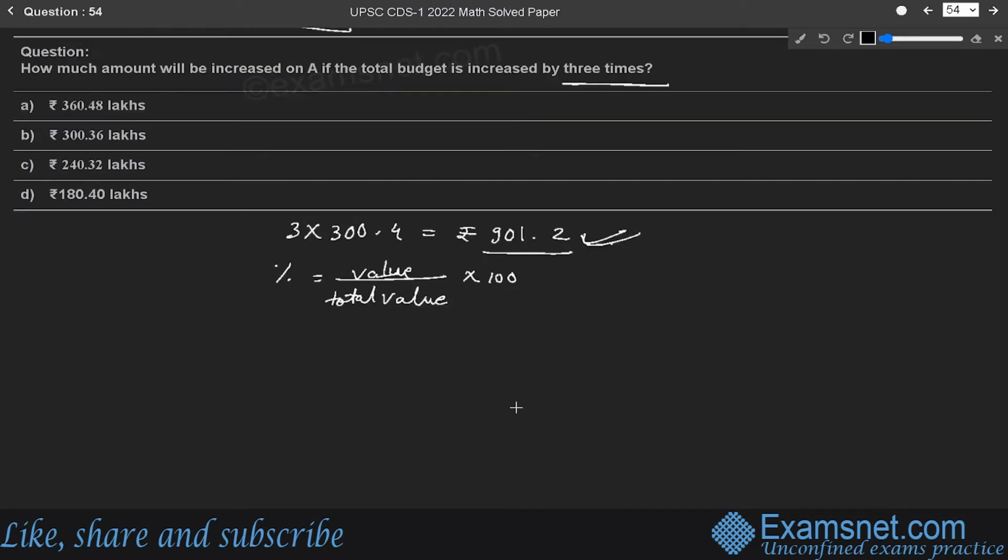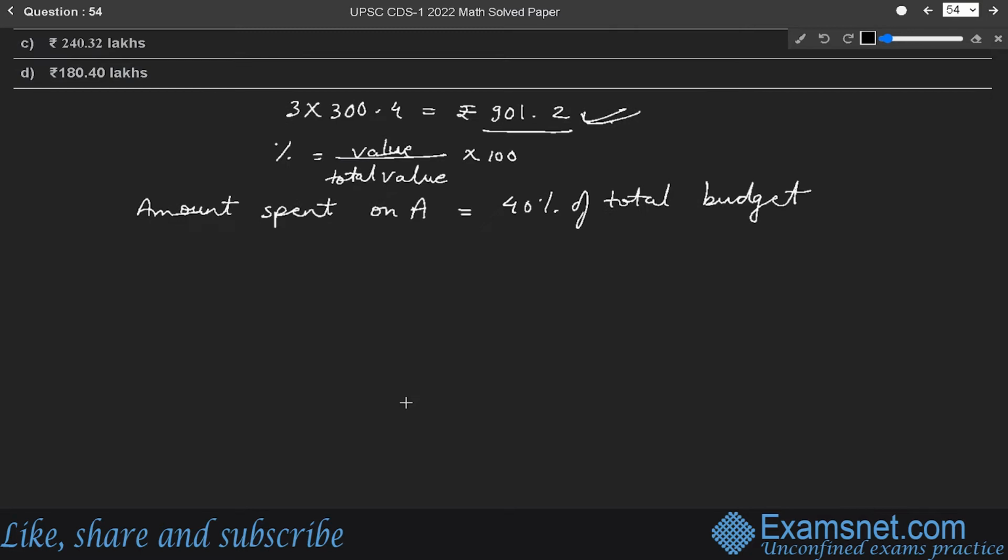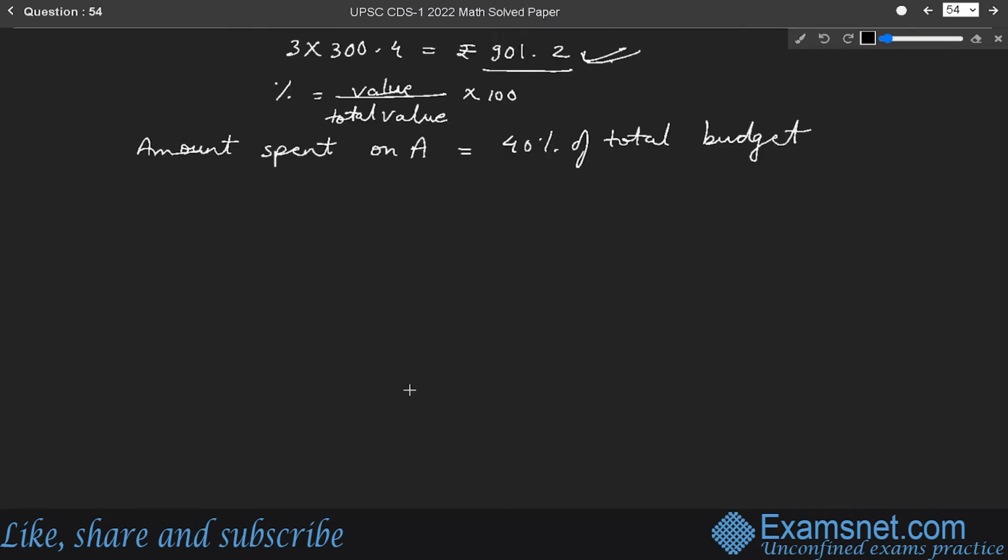Therefore, the amount spent on A will be 40% of total budget, because the question says that A has 40%. Therefore, 40% of total budget. We know the total budget, it is 901.2.